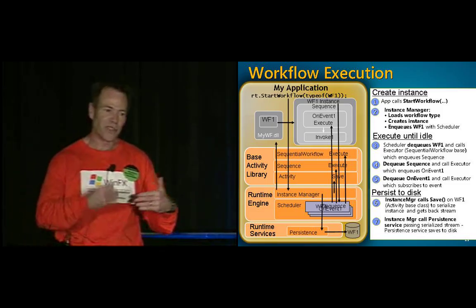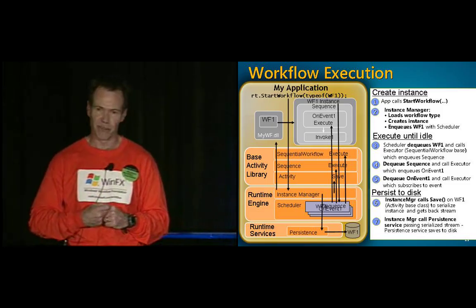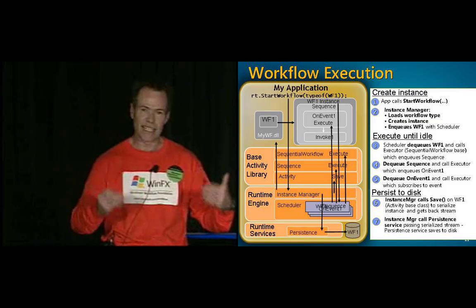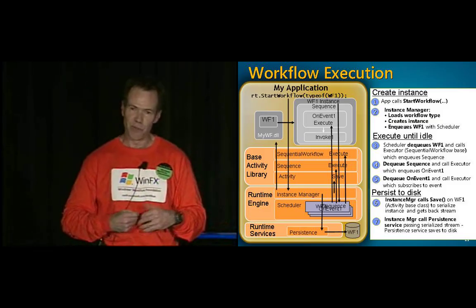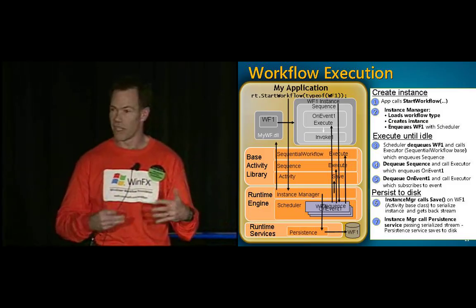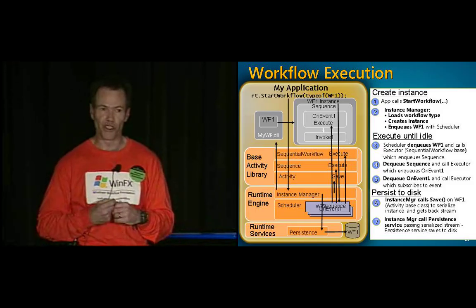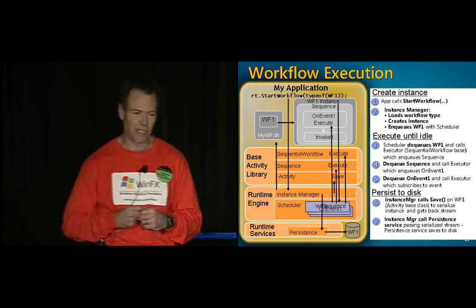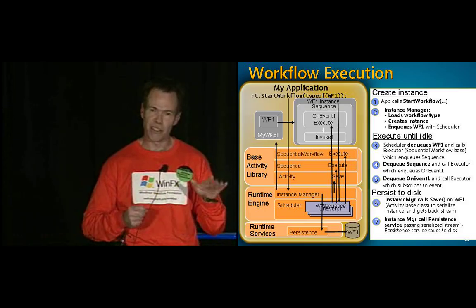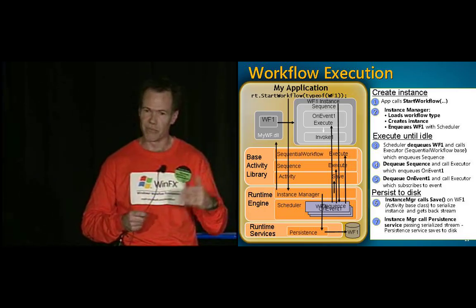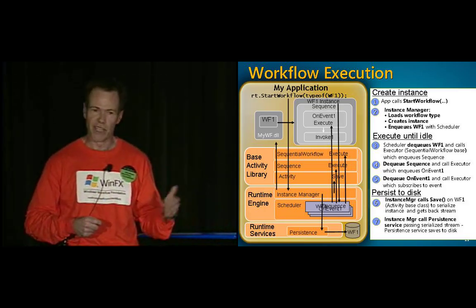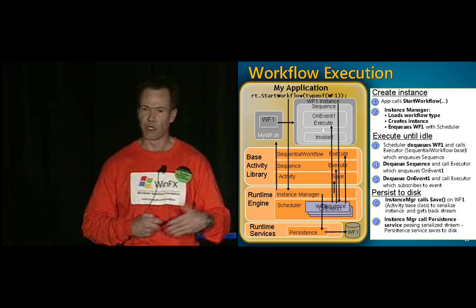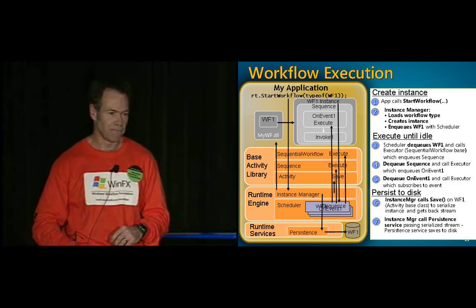We're going to go through 3 phases of workflow execution here. In the first phase, we're going to just create the instance of the workflow. Then we're going to execute that workflow until it becomes idle and it's got nothing more to do, or it's waiting for something, essentially. And then we'll show how it gets persisted to disk such that it can be unloaded from memory if the event that it's waiting for occurs a day from now or a week from now.